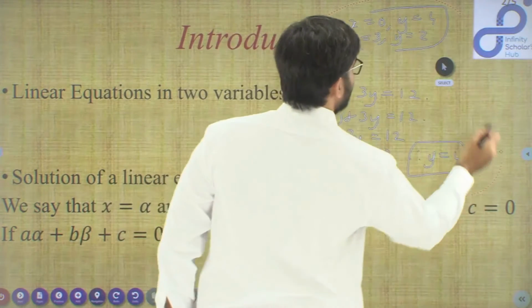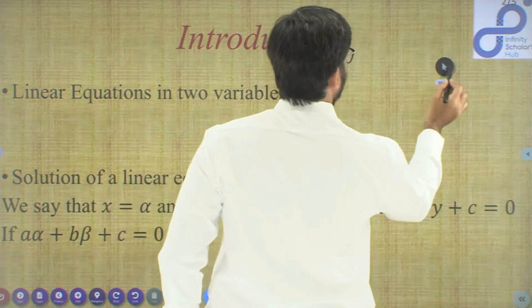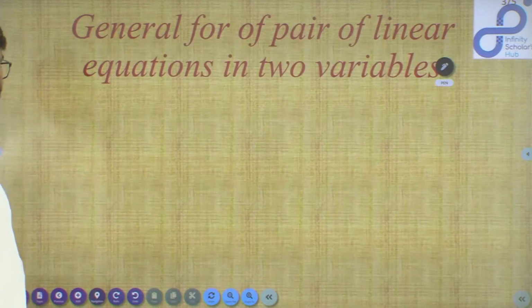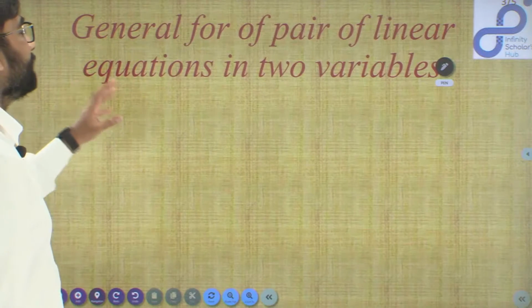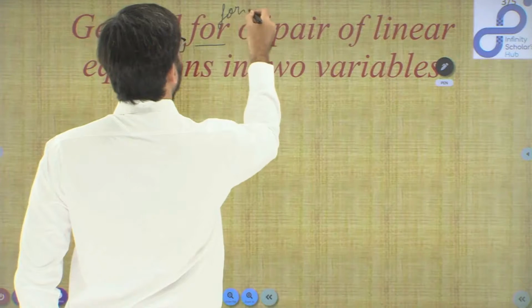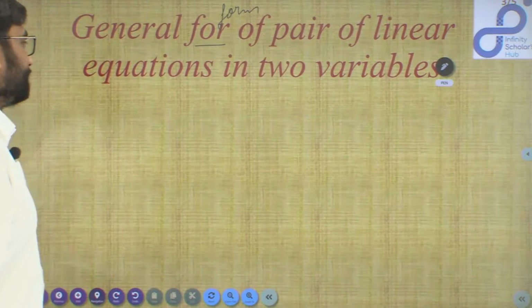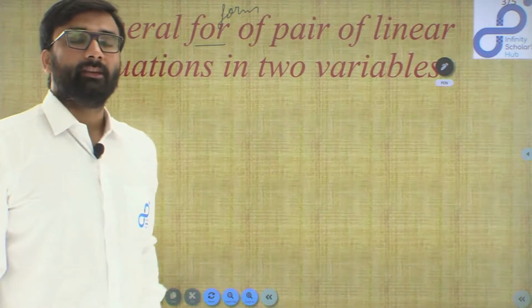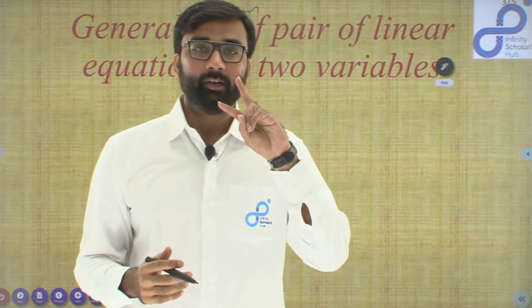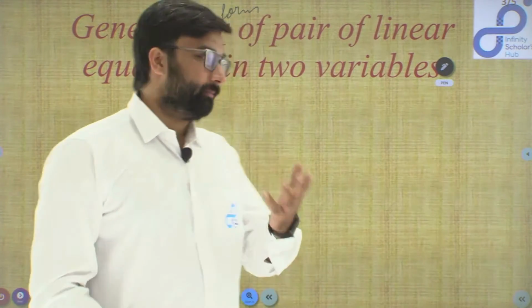Let me just erase this. Okay, now let's go on to the next slide. Now see, this is the general form of pair of linear equations in two variables. They are saying pair of linear equations in two variables. That means you will be having two linear equations in two variables.